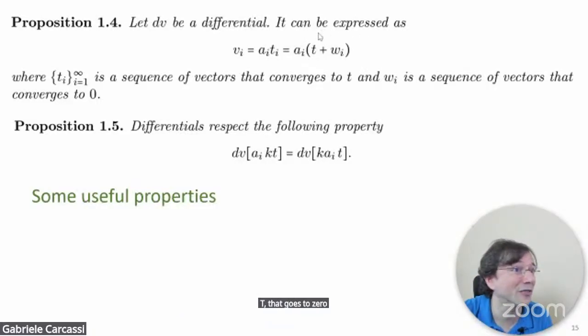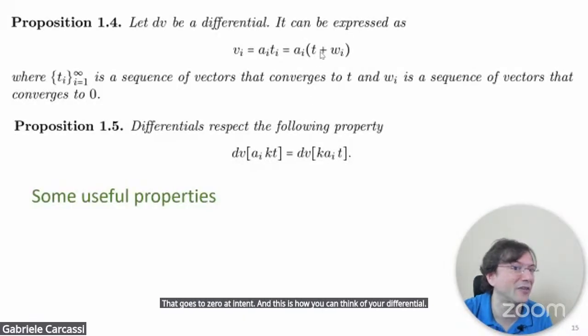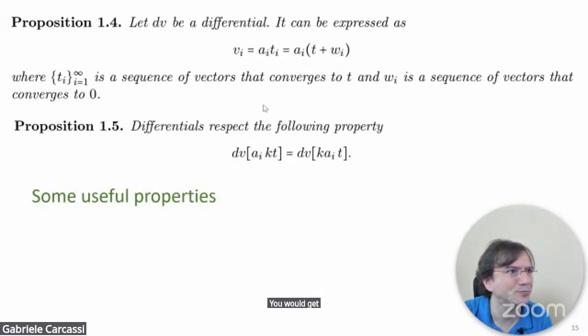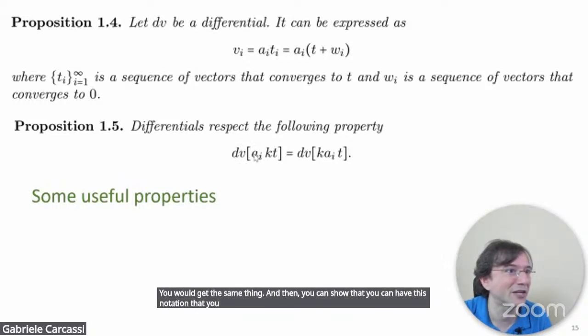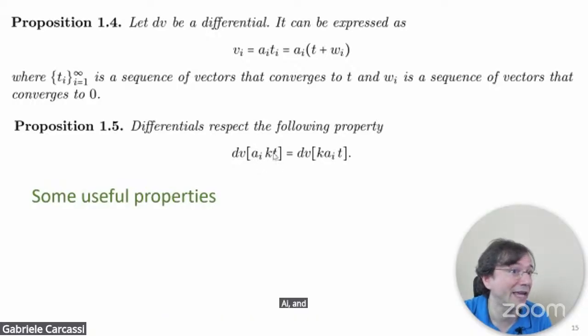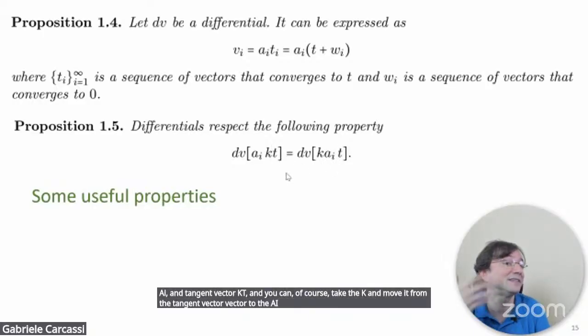And this is how you can think of your differential. You could define it like this, you would get the same thing. And then you can have this notation that you basically say this is a differential with convergence envelope a_i and tangent vector kt. And you can, of course, take the k and move it from the tangent vector to the a_i. And this is a useful property that you can use for calculation.